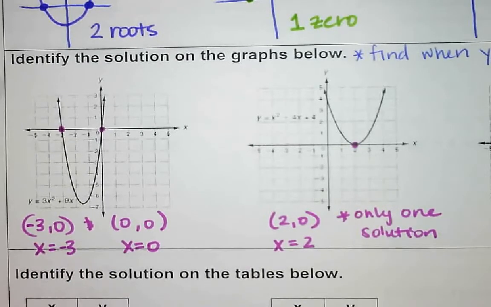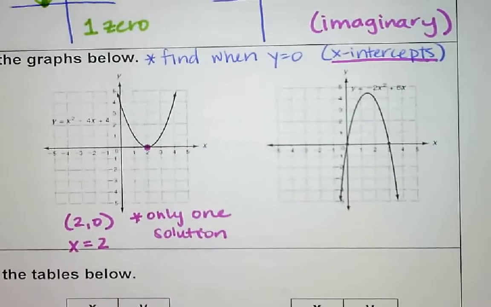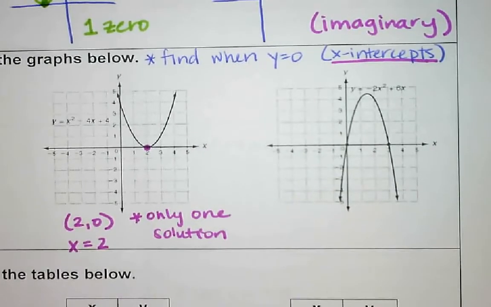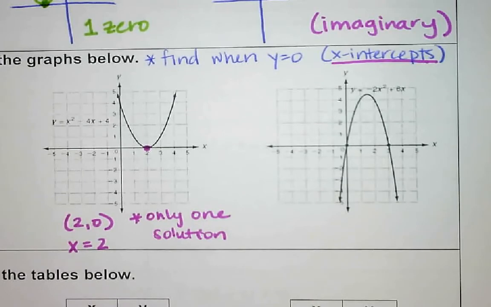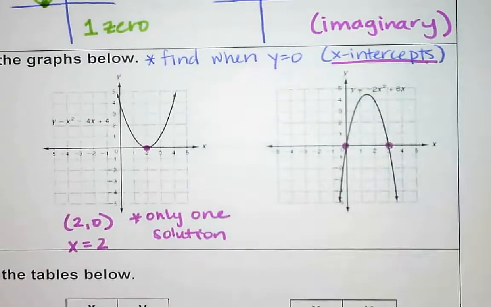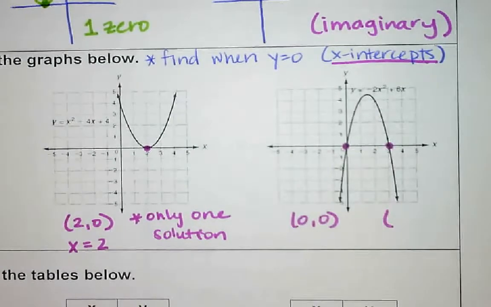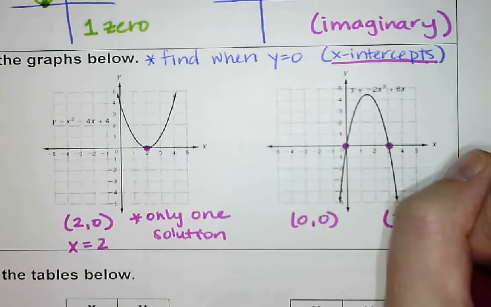And then we're going to jump over here to our last graph. It looks like, how many solutions do we have right here, Miss Amari? We got 2. Can you tell me what they are? 0, 0, 3, 0. Yes, ma'am. We got 0, 0, and we have 3, 0.